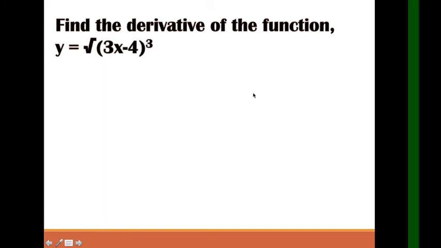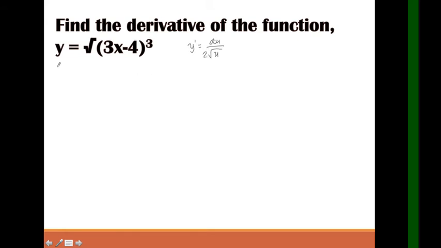For this one, we have y equals the square root of quantity 3x minus 4 cubed. Again, we need to remember the formula for the derivative of the radical function. So we have derivative of y equals du over 2 square root of u, I'm sorry.